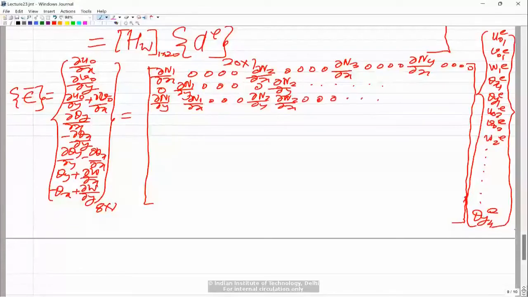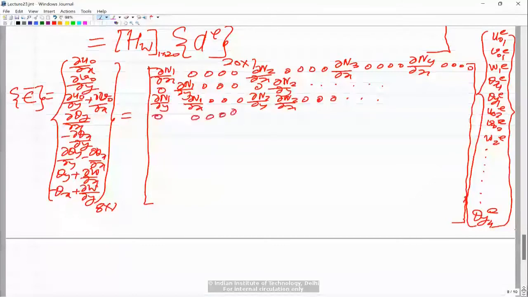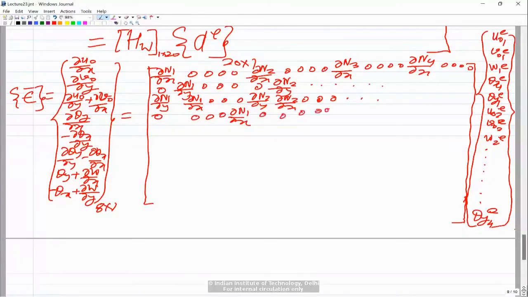So next is del theta y by del x, and theta y is coming at the 5th, 10th, 15th and 20th locations. So you will put at those locations 0 0 0 0, and then here the derivative with respect to x, del n1 by del x. Again 4 zeros, del n2 by del x, and like that. Now you will continue it.